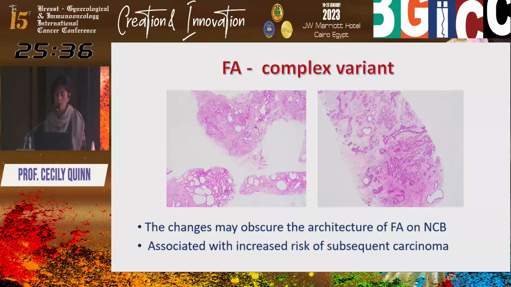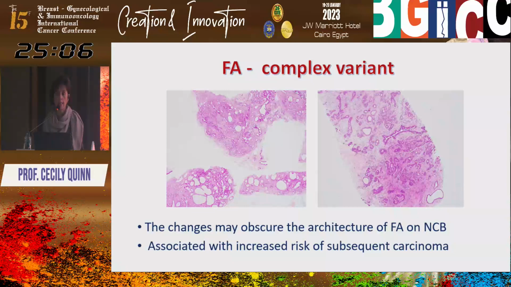Sometimes these changes are very prominent within a fibroadenoma, and I've seen cases where on core biopsy, the epithelial changes are so complex and so well developed that it's almost difficult to appreciate that the lesion is a fibroadenoma. So this is where, of course, correlation with radiology is very important. Is the radiologist seeing a circumscribed lesion, or are they seeing an irregular area of benign change?